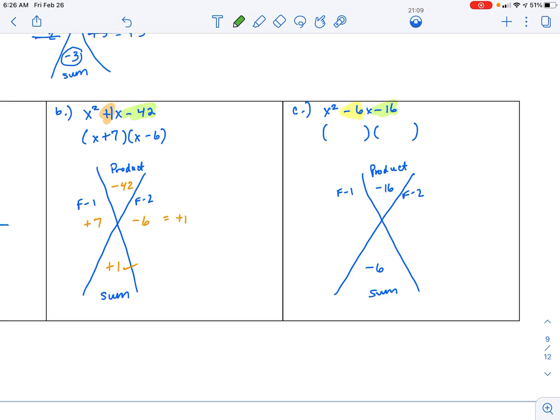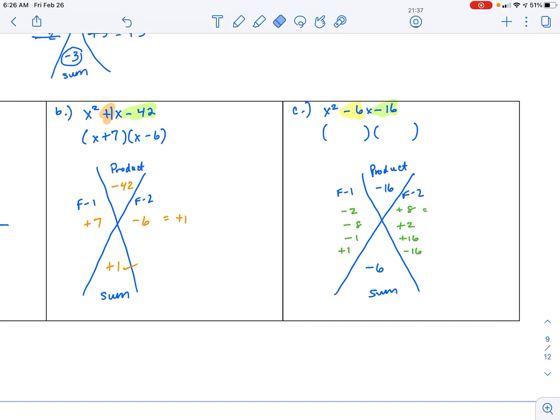In this case, I'm going to start with a negative 2 and a positive 8. We'll check out a negative 8 and a positive 2, because both of those would give me negative 16, right? If those don't work, we'll have a 1 and a 16, and we can also try a positive 1 and a negative 16. So let's check this out.